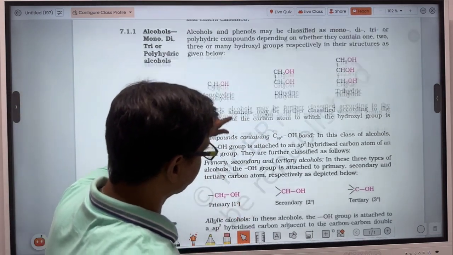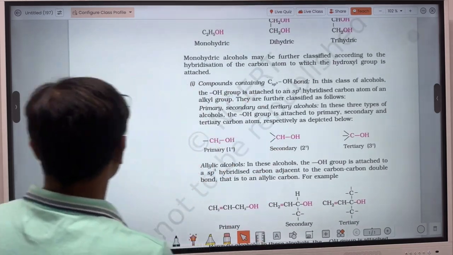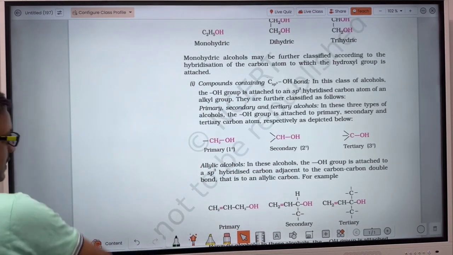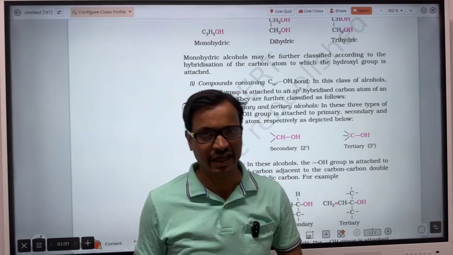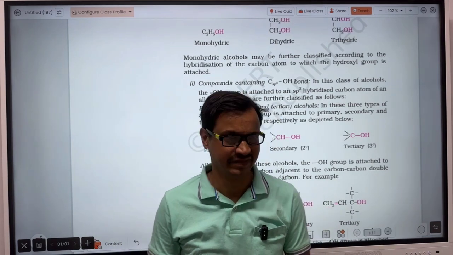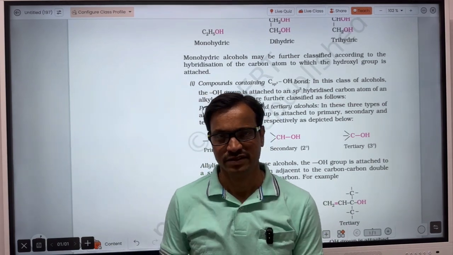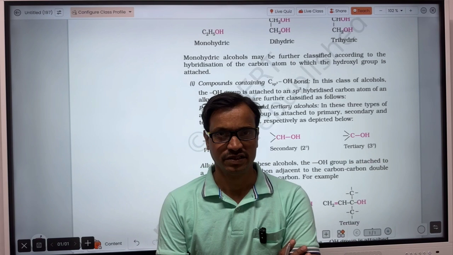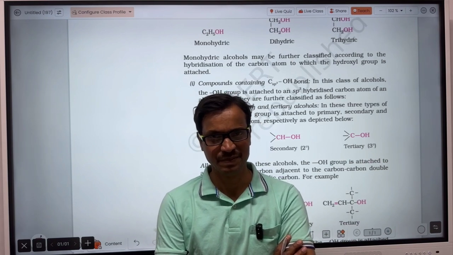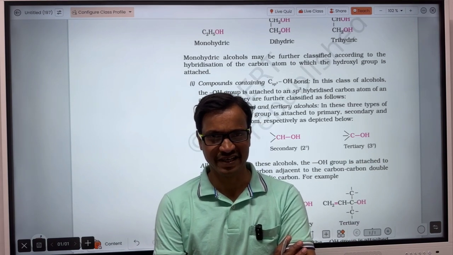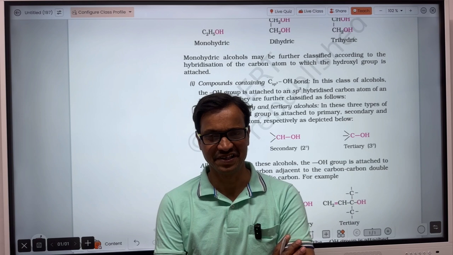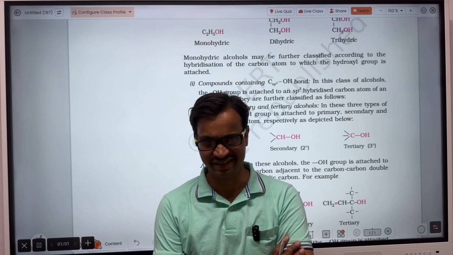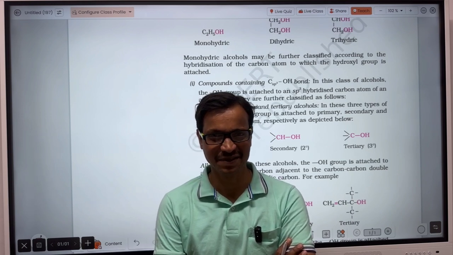Now let's see the next point: compounds containing the Csp3-OH bond. That means we are classifying the compounds in which the hydroxyl group is bonded to a carbon atom whose hybridization is sp3. How to predict sp3 hybridization?